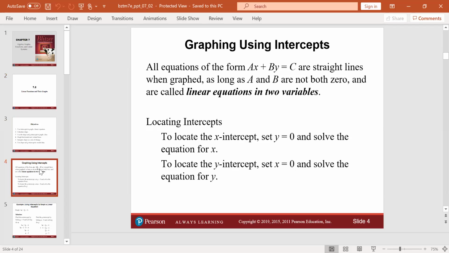So an equation of the form a times x plus b times y equals c, where capitals A, B, and C are all real numbers. So let me actually write that.